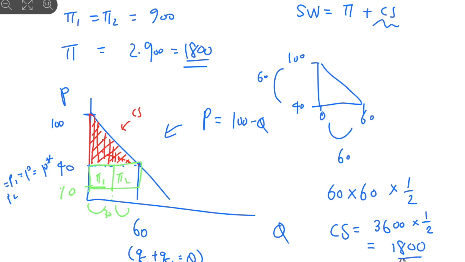So we got 1800 for consumer surplus and 1800 for firms' profit. So after all, we get social welfare equals 1800 plus 1800, that is 3600. Okay.